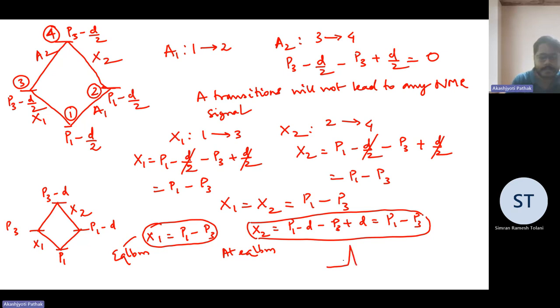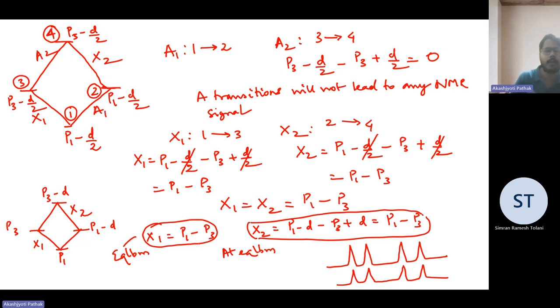So initially we were seeing a signal like this, and after the perturbation also the intensity of the signals will remain the same.